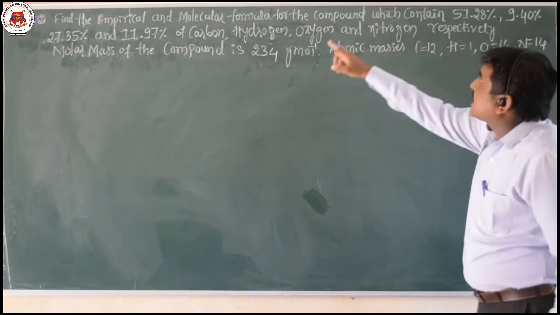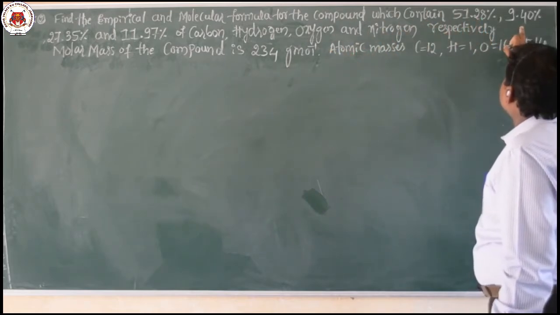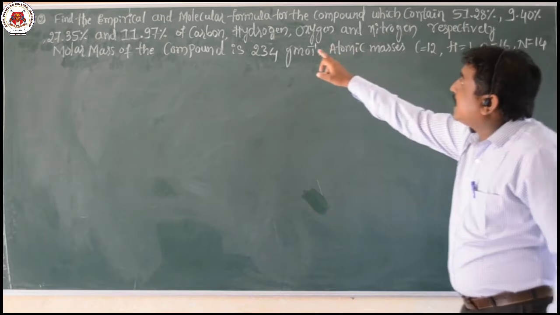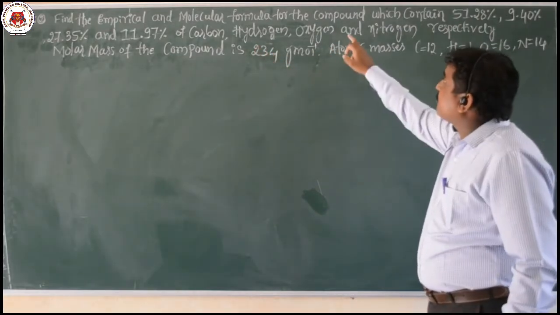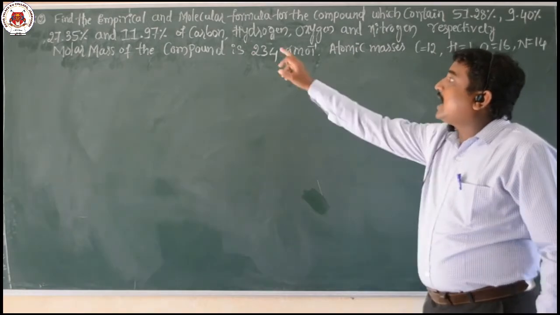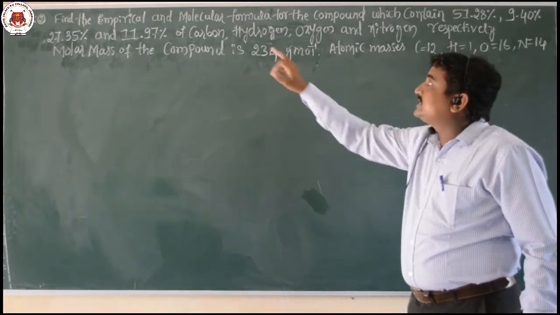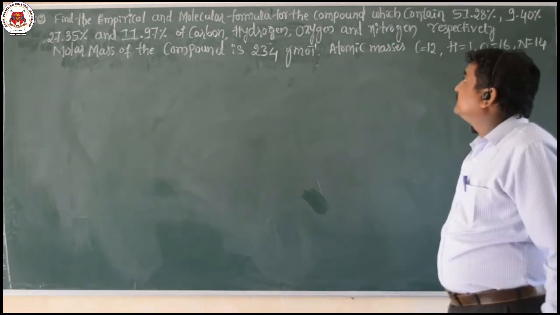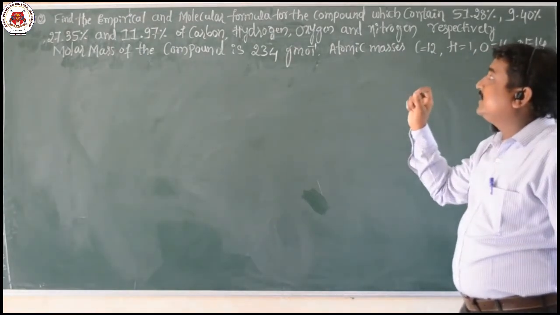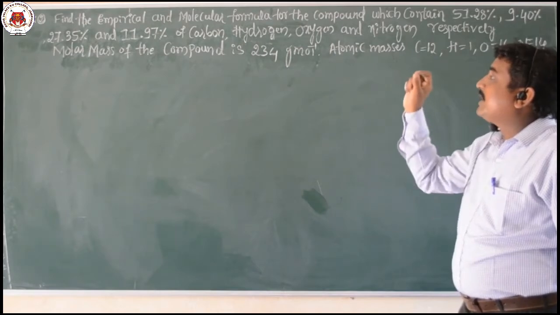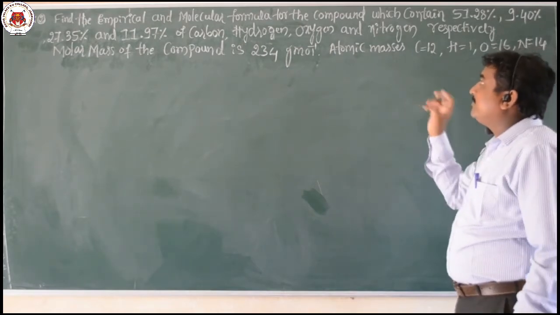51.28% of carbon, 9.40% of hydrogen, 27.35% of oxygen and 11.97% of nitrogen they are given, and they are asked to find the empirical and molecular formula for the compound.